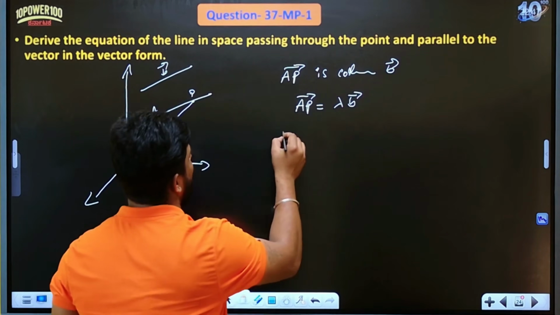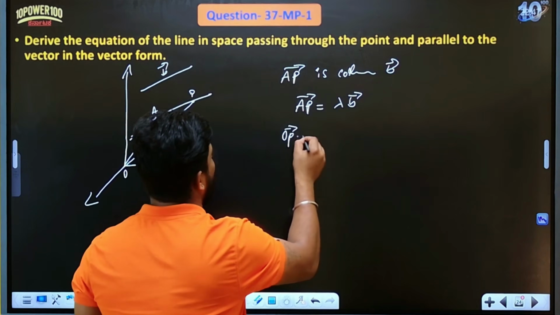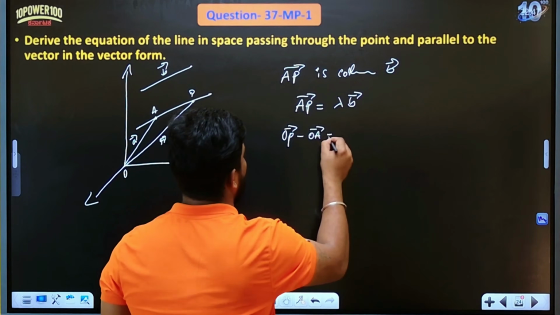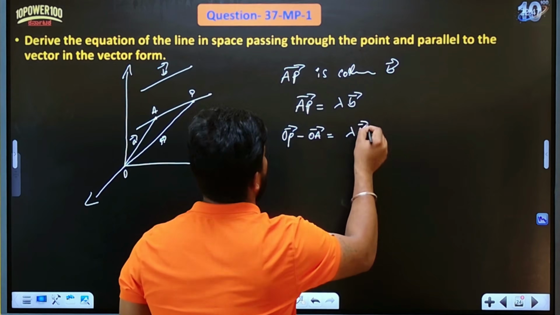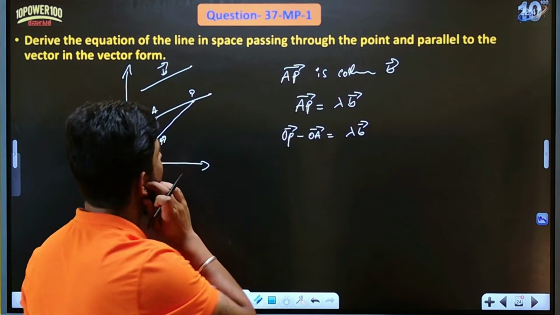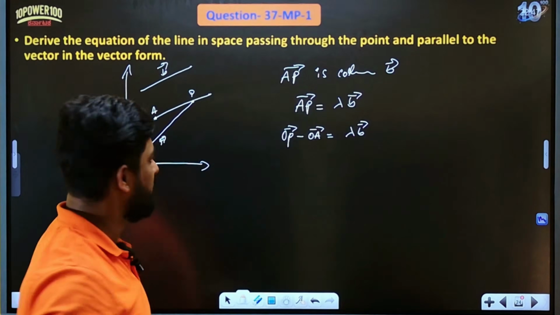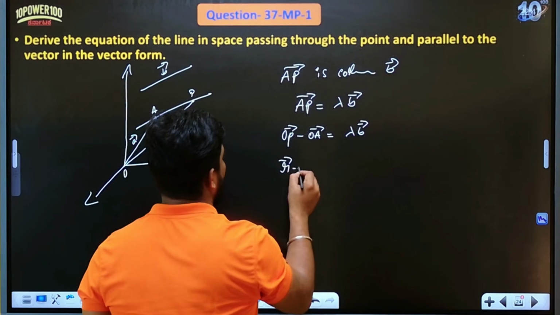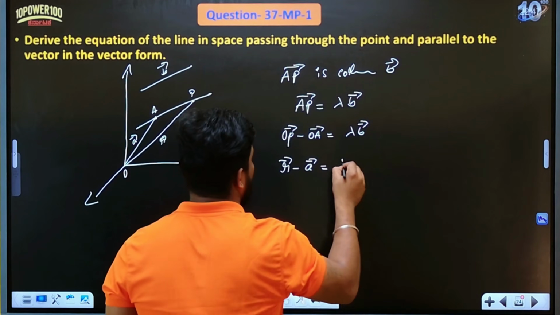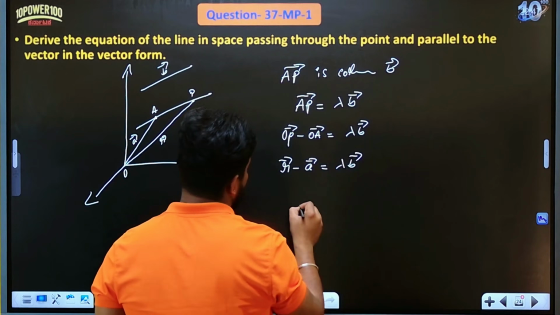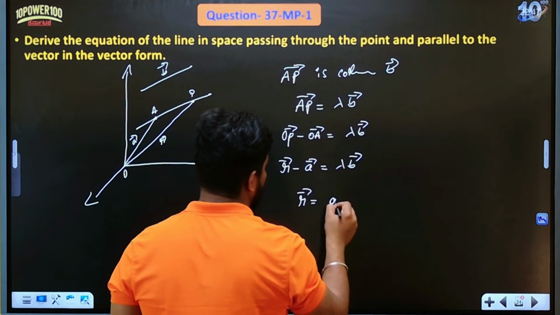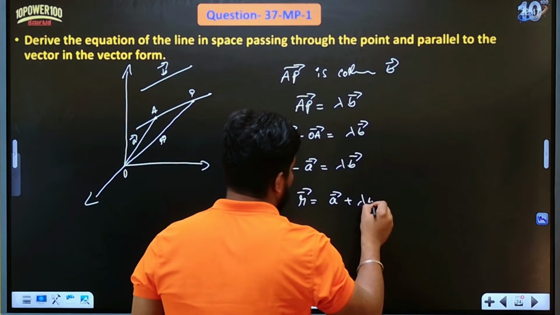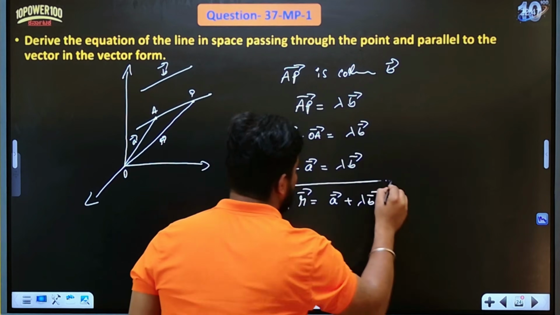AP can be taken as OP minus OA, so OP minus OA is equal to lambda times B. They're asking only for the vector form, simple for a 3 marker. OP is vector R, so vector R minus vector A is equal to lambda times vector B. So vector R is equal to A plus lambda B.